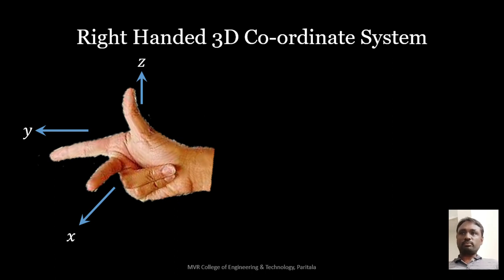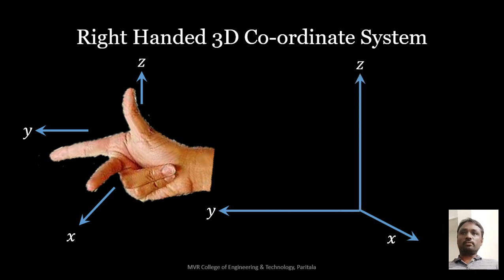Here also it is not possible to draw the x-axis toward you, so I give some inclination to the right side. In the previous one it was the left side, now it is the right side. This is the right-handed 3D coordinate system.